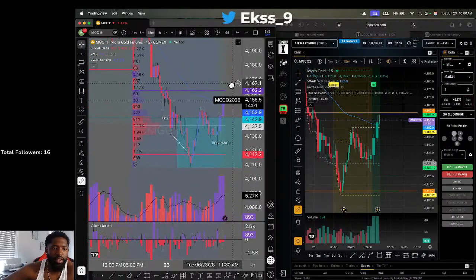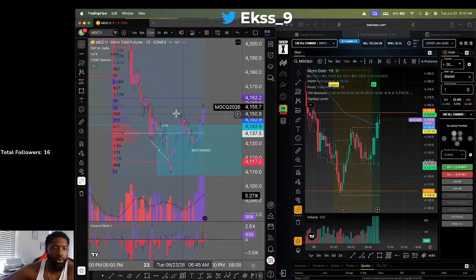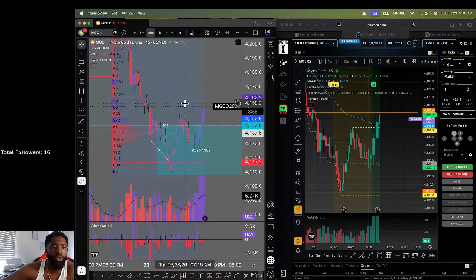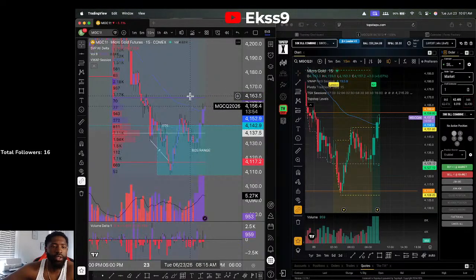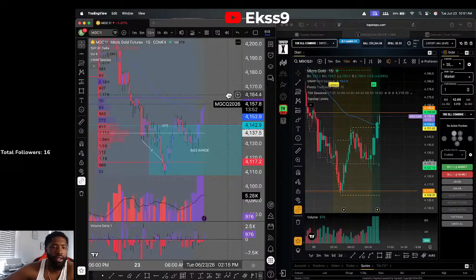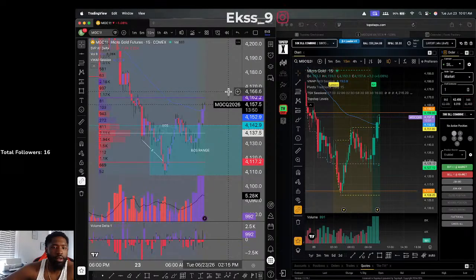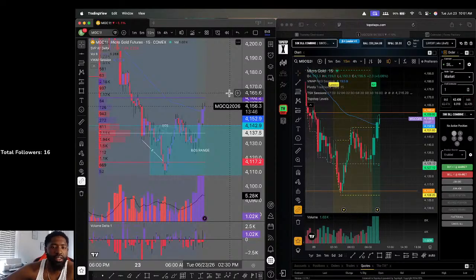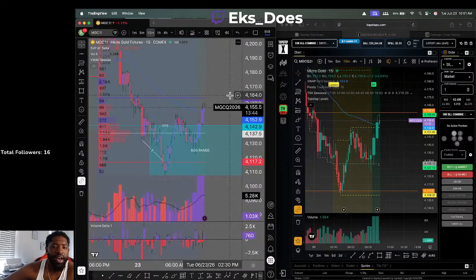Yeah, look, it looks like we're getting buyers that will get us through this little zone here, right up until the buyers kick in at around 4160s, or 4165s. Anywhere from 60s to about 70s.